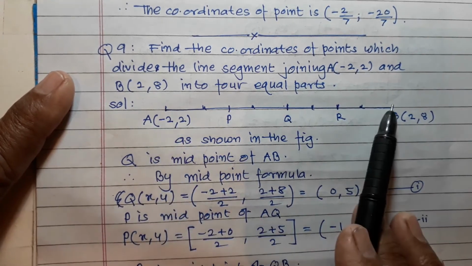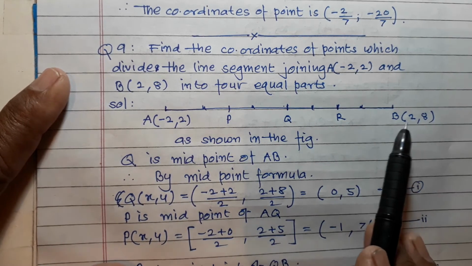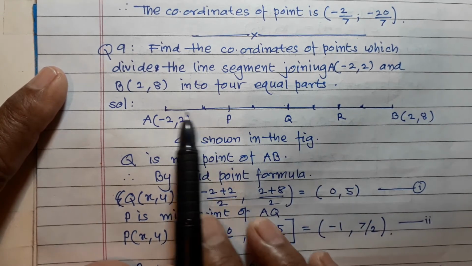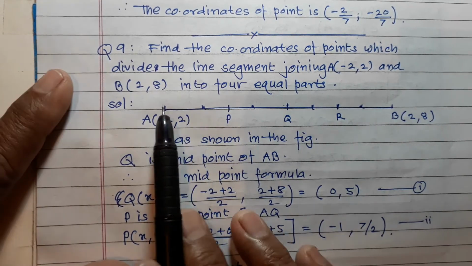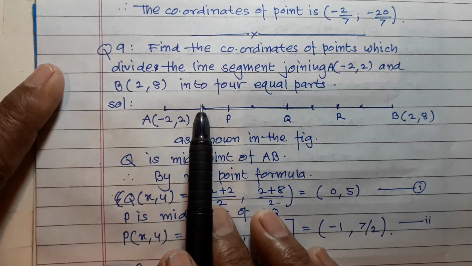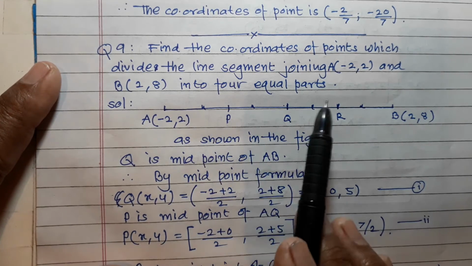This is segment AB, A is (-2, 2), B is (2, 8), and the three points P, Q, R divide AB into 4 equal parts. So this is part 1, part 2, part 3, and this is equal to this, equal to this.